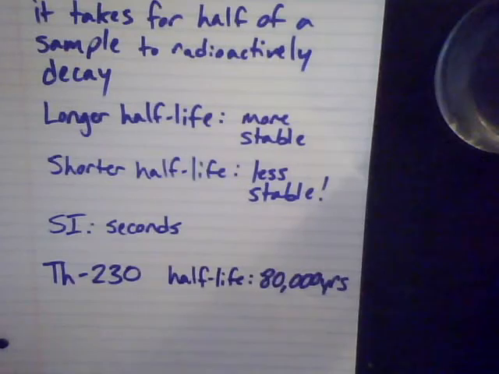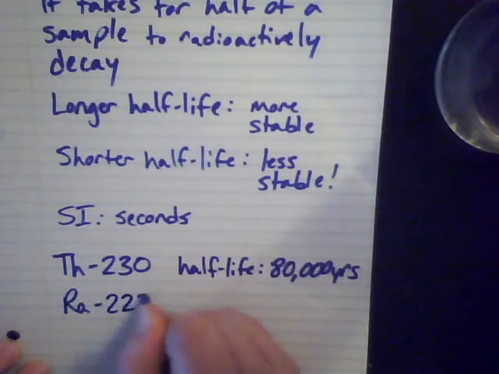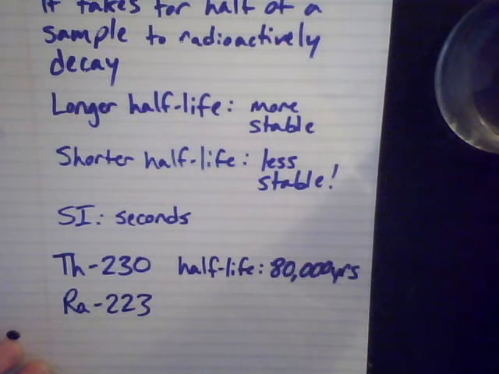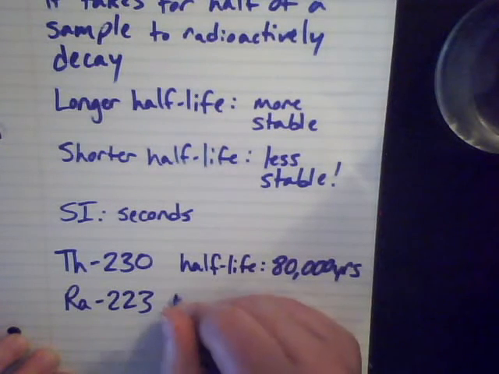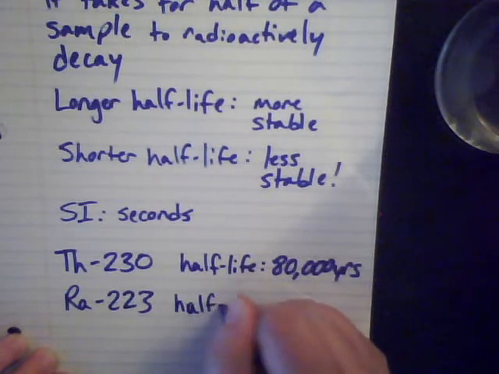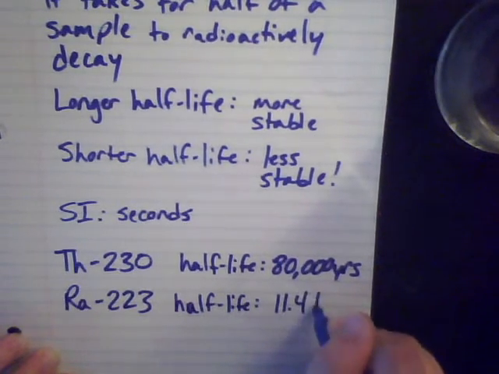Okay, 80,000 years. Whereas radium-223, so remember radium is one of our alkaline earth metals there at the bottom, it's radioactive. Radium-223 is incredibly unstable, and it has a half-life of just days, 11.4 of them to be exact.